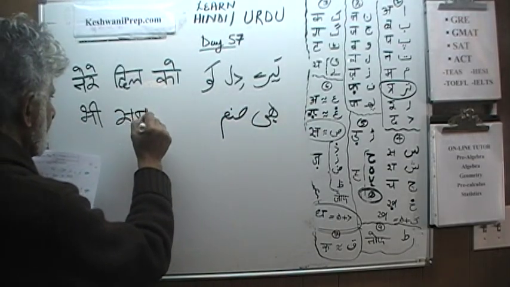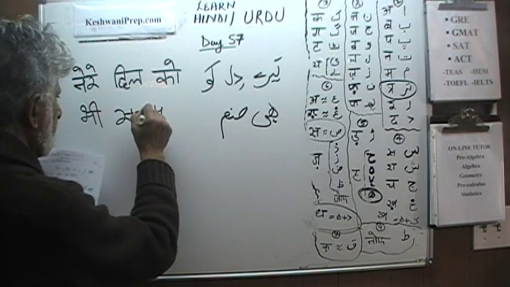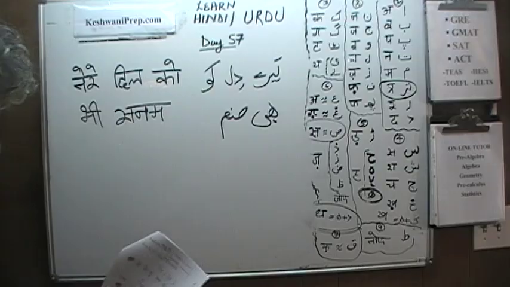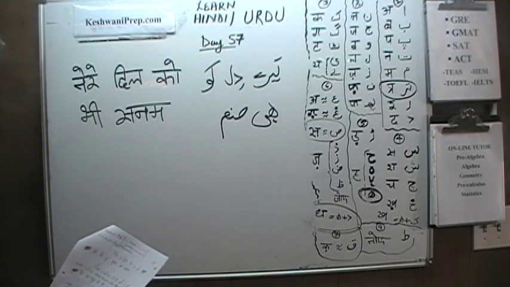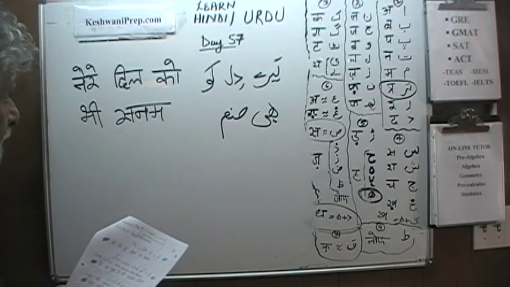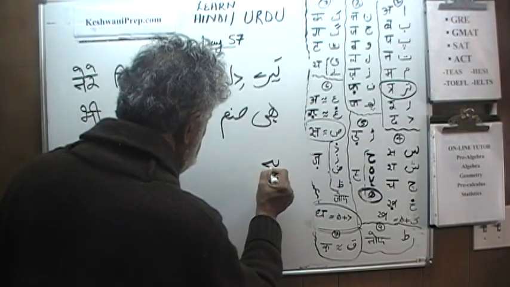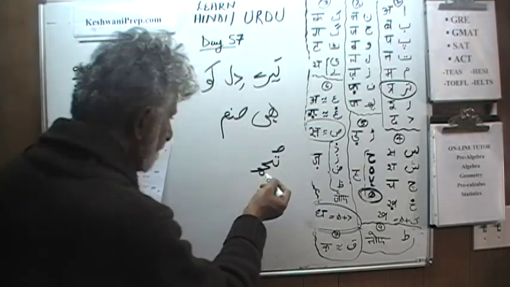So no more. We have written sanam many times, so there is no need to go over it again. तेरे दिल को भी सनम तुझ. All of this word we have come across before.